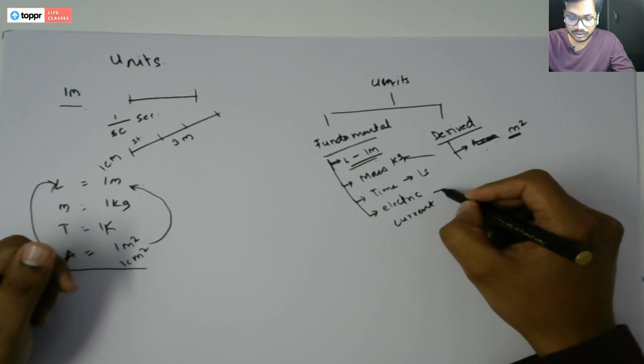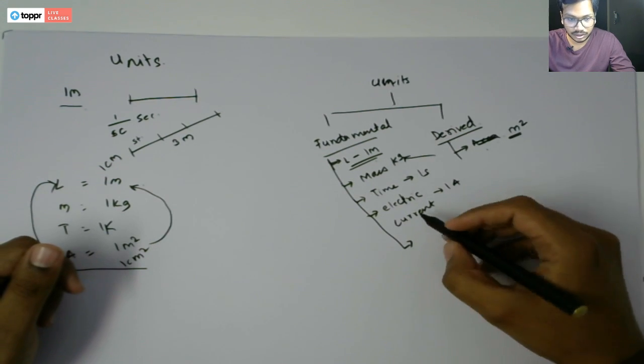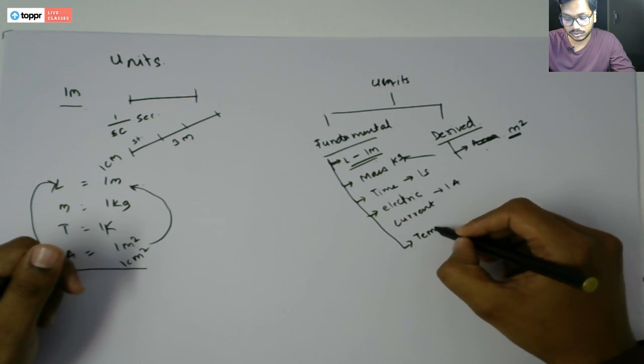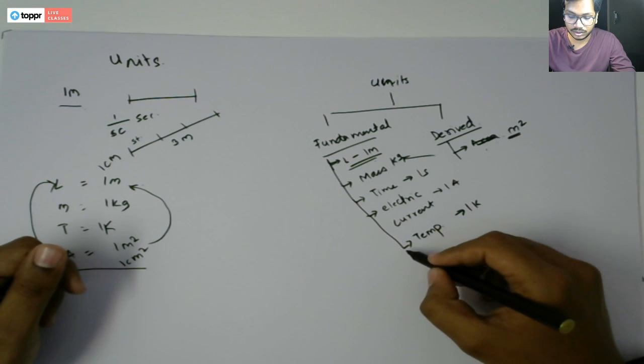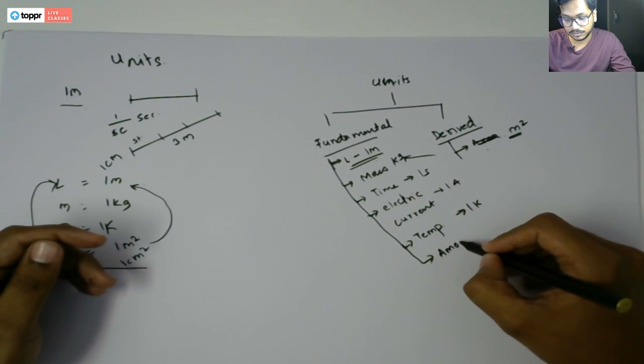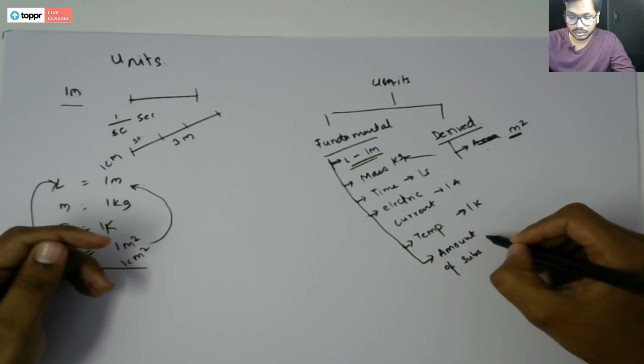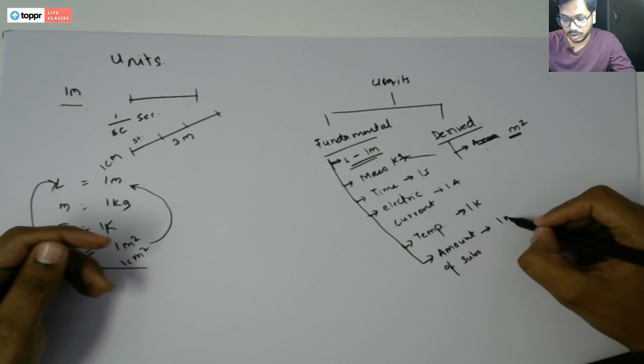Its SI unit is 1 ampere. Next is temperature. Its SI unit is 1 Kelvin. Next is amount of substance. Its unit is 1 mole.